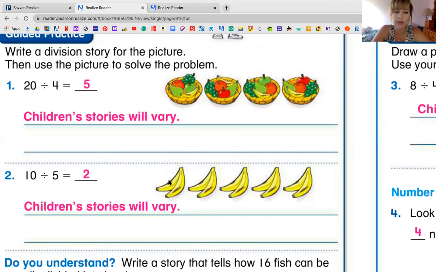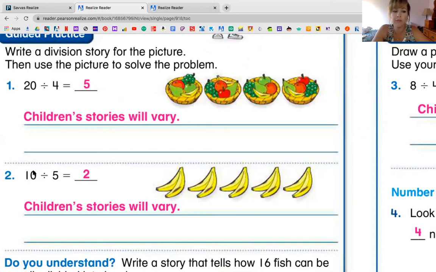This next one, I have 2 bananas, 2 bananas, 2, 2, and 2. So my addition sentence could be 2 plus 2 plus 2 plus 2 plus 2, or 5 groups of 2 equals 10. They took 10 bananas and divided them into 5. So I could say I have 10 bananas.